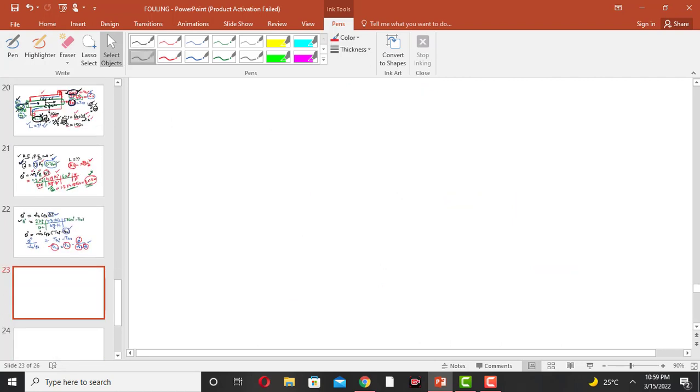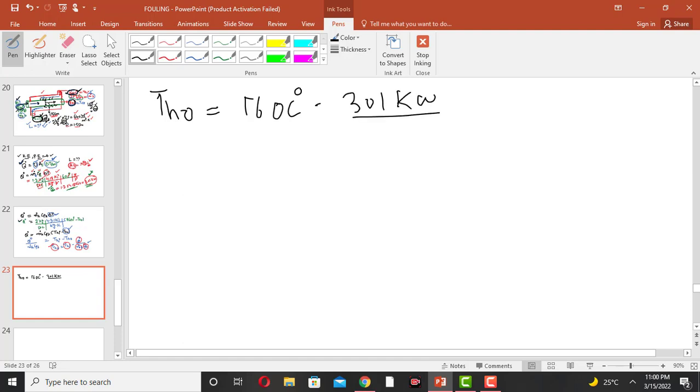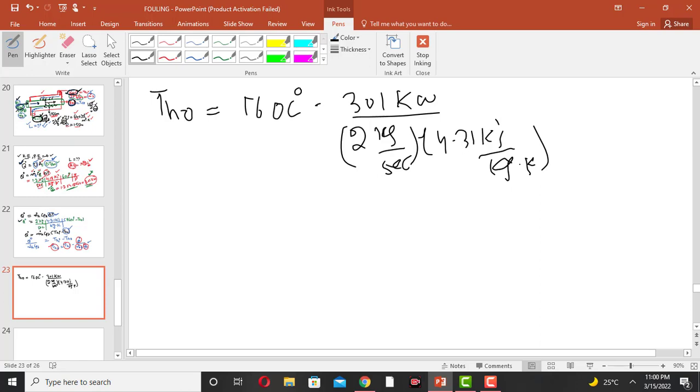So putting in the values, the inlet temperature of the hot fluid is 160 degrees centigrade, the heat given by the hot fluid is 301 kilowatt, the mass flow rate of the hot fluid is 2 kilogram per second, and the Cph is 4.31 kilojoule per kilogram Kelvin.